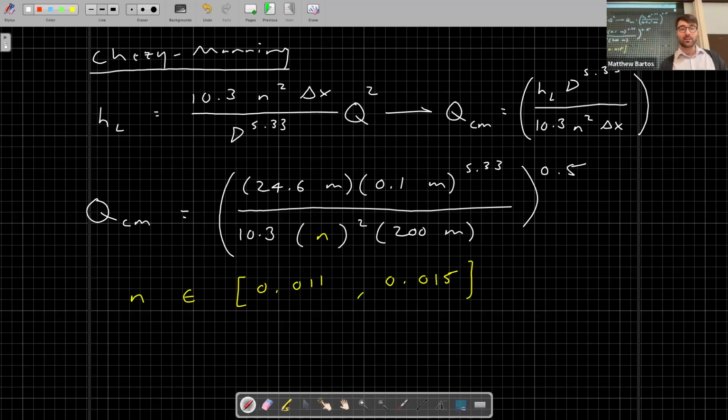So we'll find that our discharge is between 0.016 cubic meters per second and 0.022 cubic meters per second.